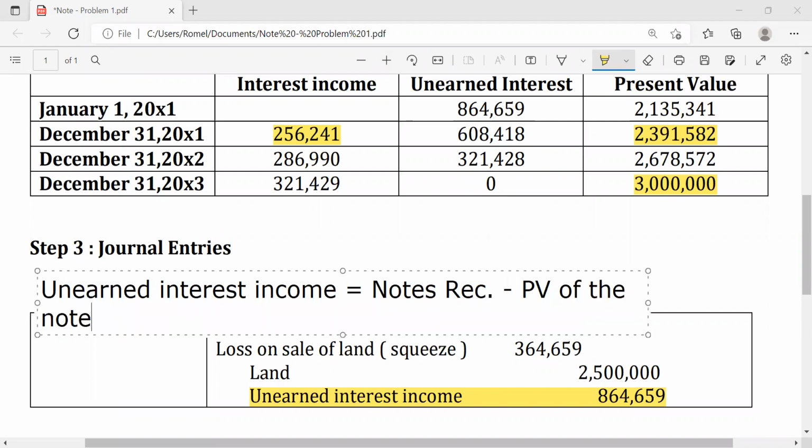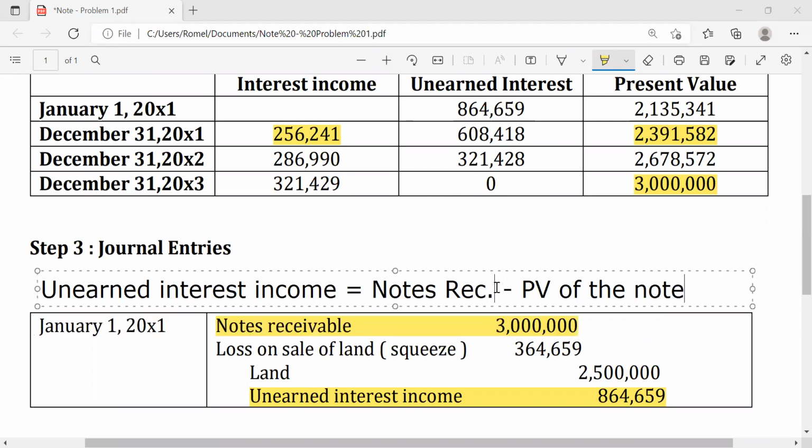So kung ano yung difference ng face amount pati ng present value of the note, that will be the unearned interest income. So example, 3 million pesos minus 2,135,341. Therefore, our unearned interest income is 864,659.